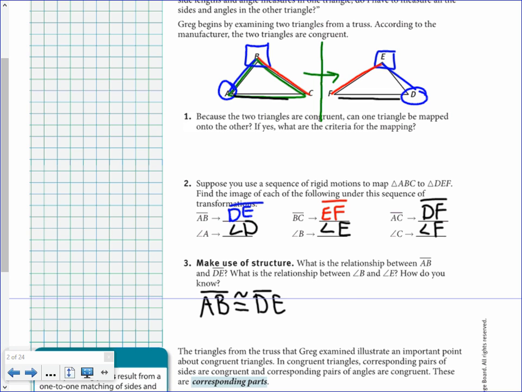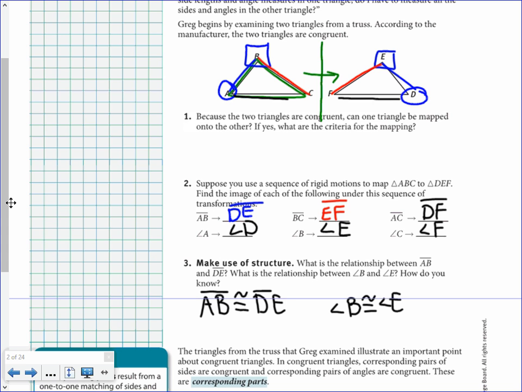And we also know angle B is going to be congruent to angle E. And that's because using some sequence of rigid motions, using our reflection on this particular one, we had a mapping of AB to DE. And by the same rigid motions, we had a mapping of angle B to angle E. And so that's how we know that they are congruent.